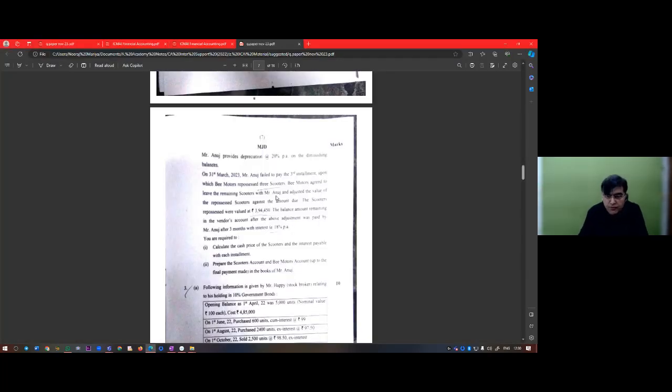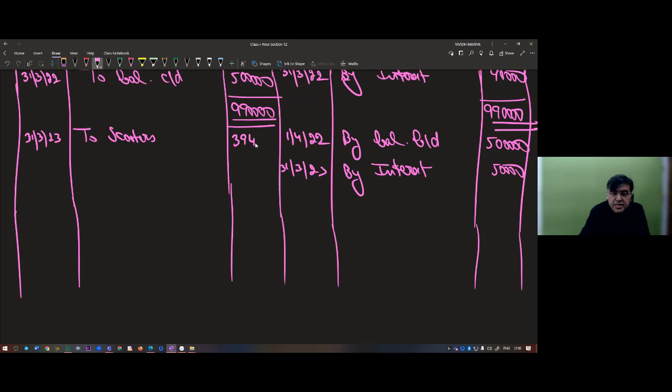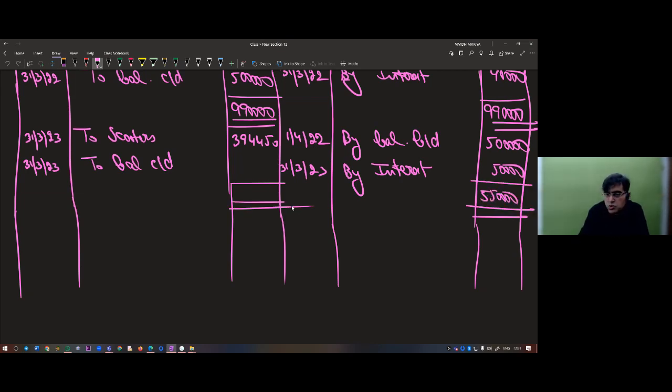The agreed value of scooters is 394,450. The balance amount pending is balance carry down, 5,50,000 minus 394,450, 1,55,550. First April 23, by balance brought down 1,55,550.